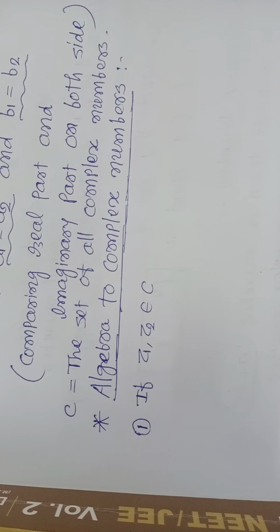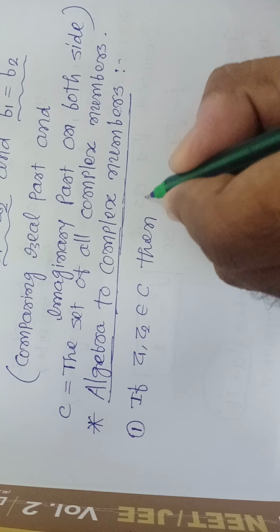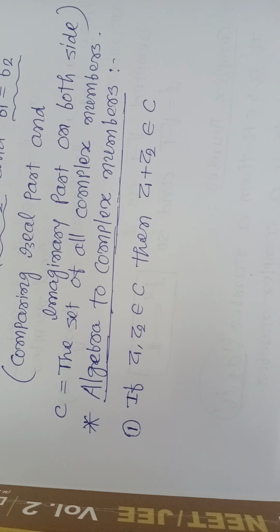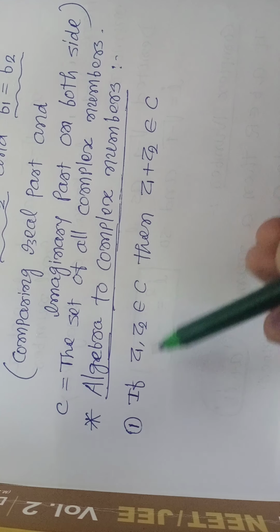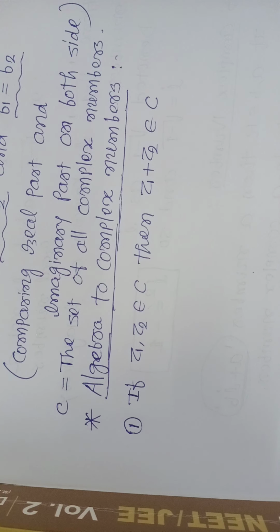So if z1, z2 belong to C, then z1 plus z2 belongs to C. What is the meaning? If two complex numbers are given, then the addition of two complex numbers is also a complex number. Subtraction is also a complex number.